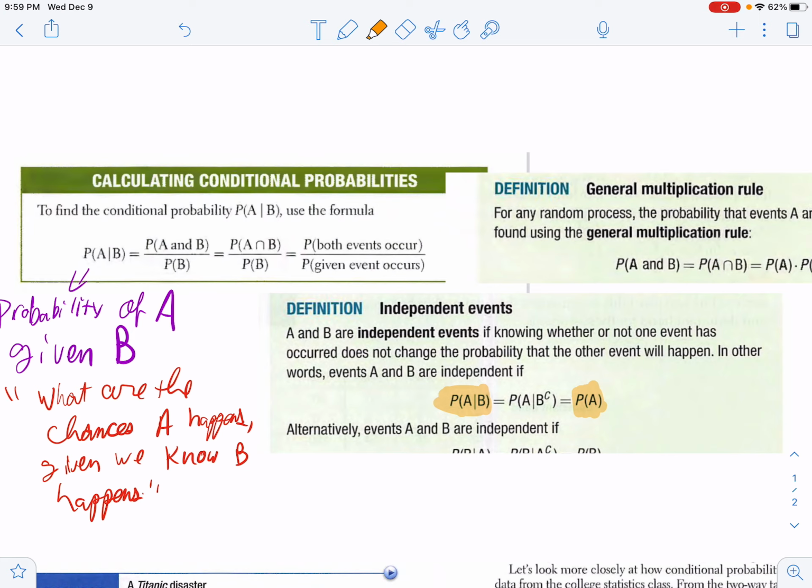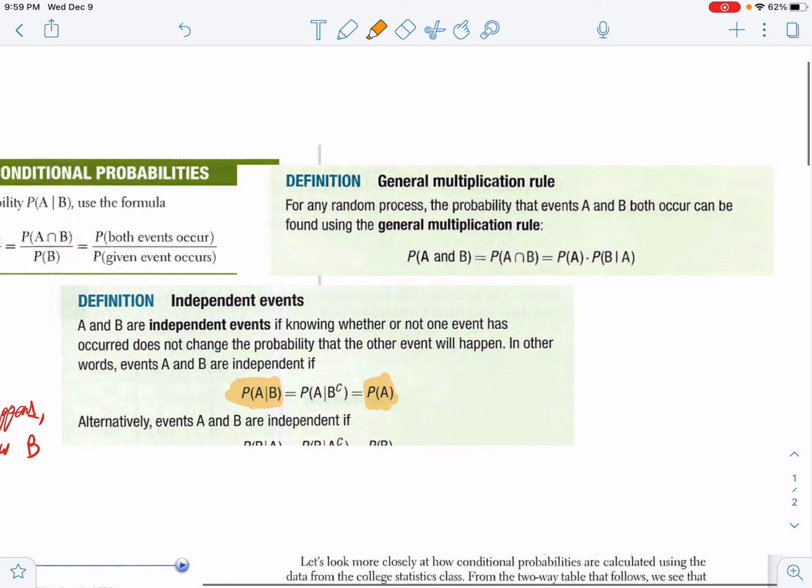And then finally, we have this general multiplication rule, which says: how do I calculate an AND probability? Well, it's the probability of the first guy times the probability of the second guy given the first guy.